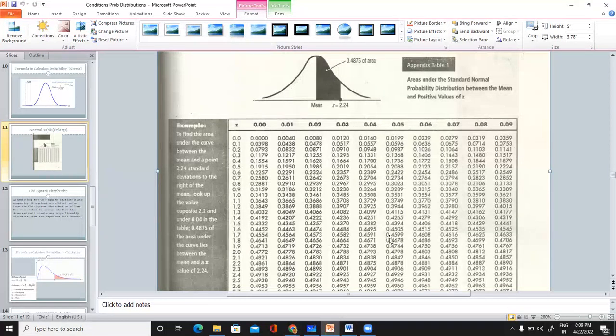What is in the body of this table are the areas or the probabilities. So if some value is 1.75 standard deviations away from its mean, then the probability of getting a value between mean and that value is 0.4599.